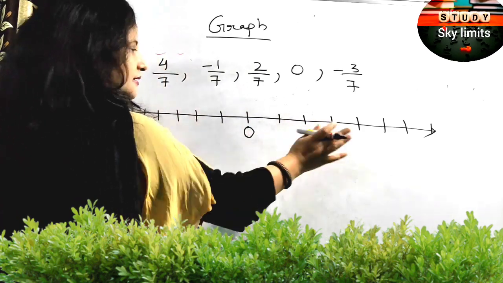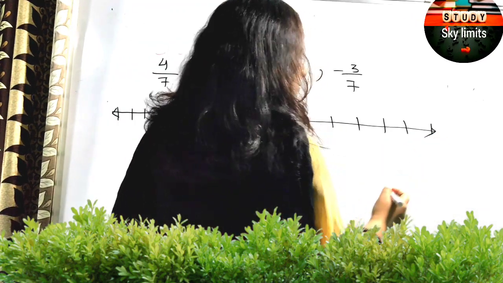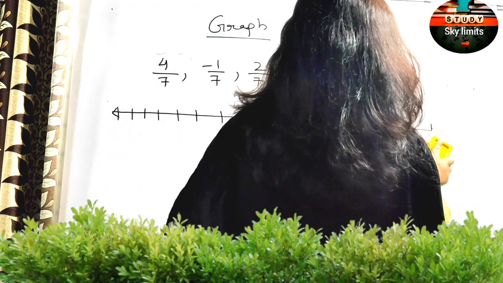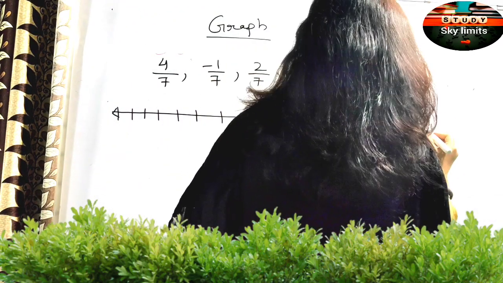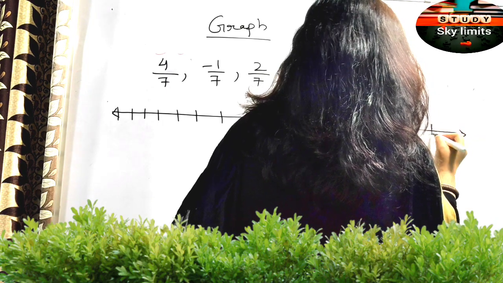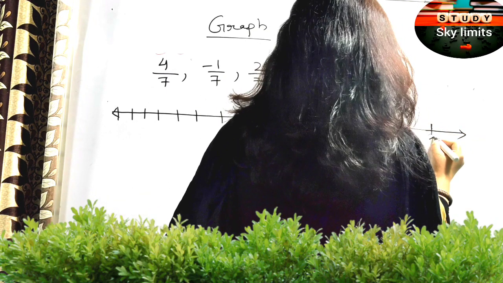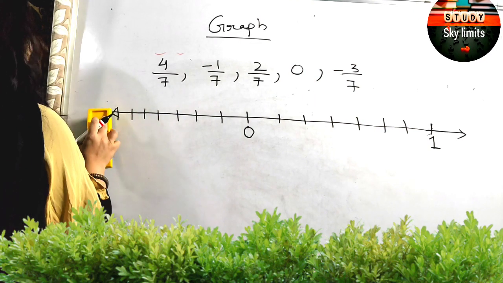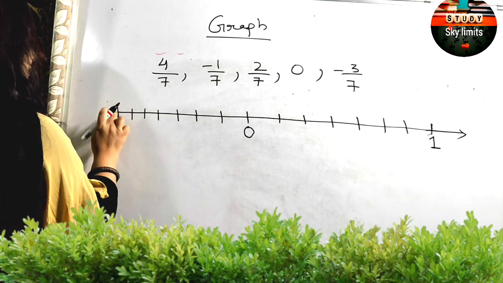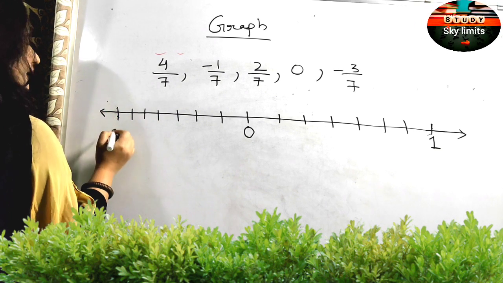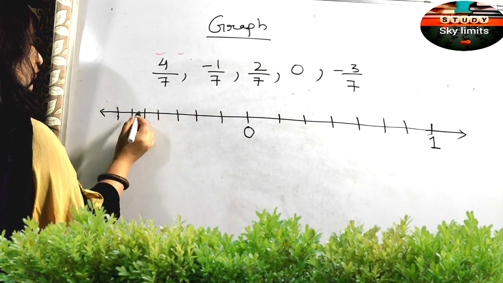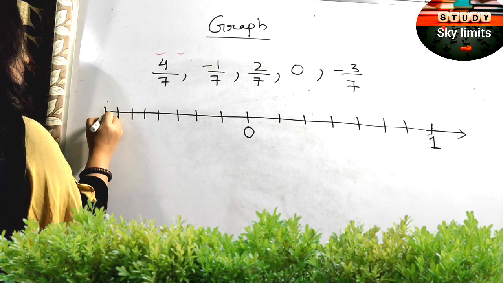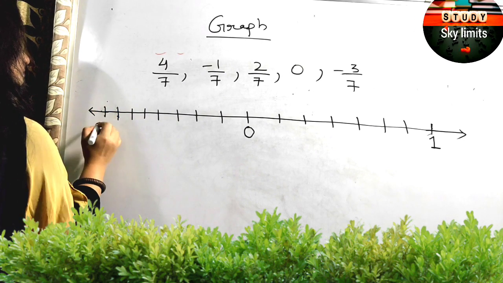Just a moment, let me make it a little longer. So here end the 7 parts. This is positive 1, and here this is negative 1.